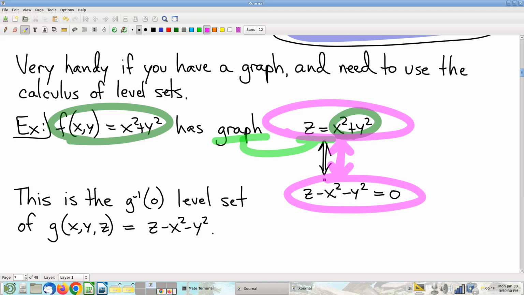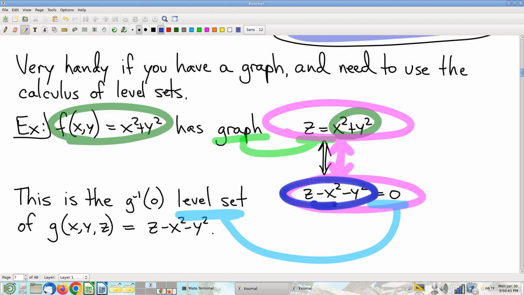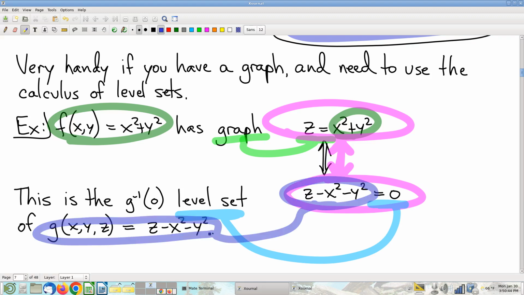But having done so, I can now realize this as being a level set of specifically that function. So rather than being stuck with, well, I guess I have to apply the calculus of graphs to this function and do what I can, no, I also have the option. I can apply the calculus of level sets to this function and draw different conclusions that might be more useful than what f told me.